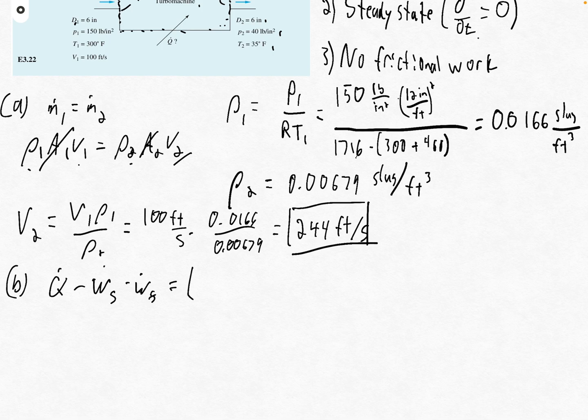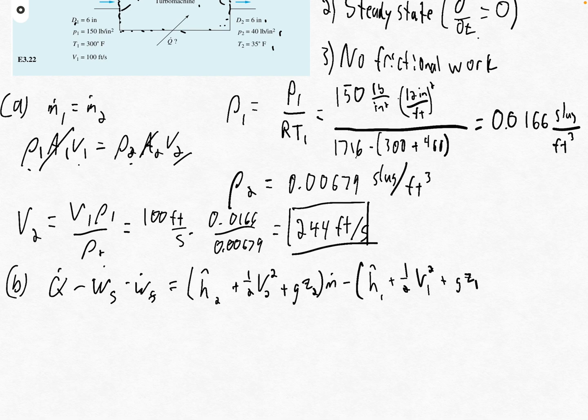So this will be H2, the enthalpy on the way out, plus 1/2 V2 squared, the kinetic energy, plus g Z2, times m dot, minus the same thing for the input. So it's H1 plus 1/2 V1 squared, plus g Z1, also times m dot.